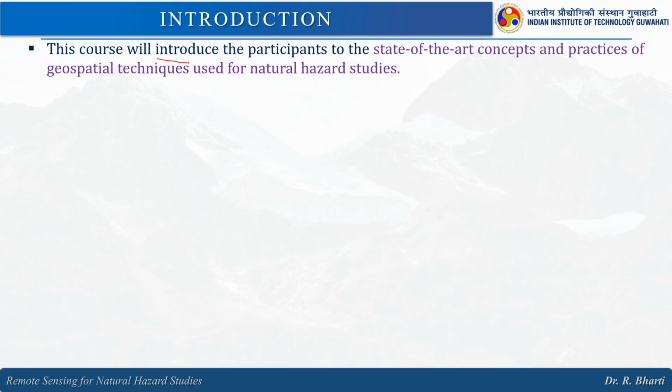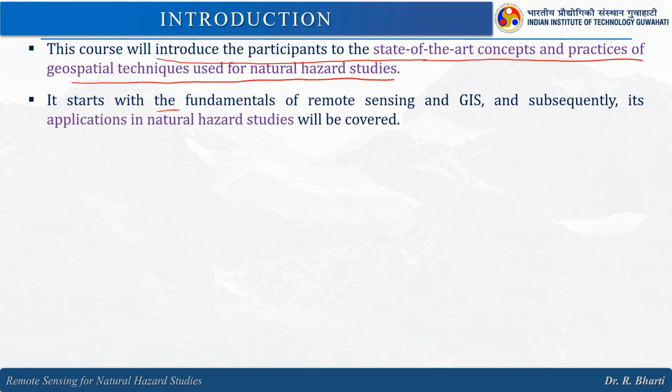This course will introduce the participants to the state-of-the-art concepts and practices of the geospatial techniques used for natural hazard studies. It starts with the fundamentals of remote sensing and GIS, and subsequently its application in natural hazard studies will be covered.